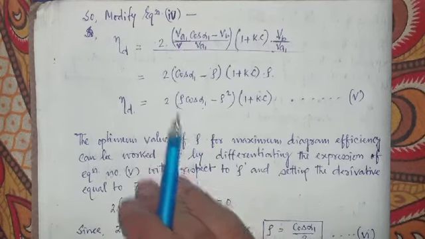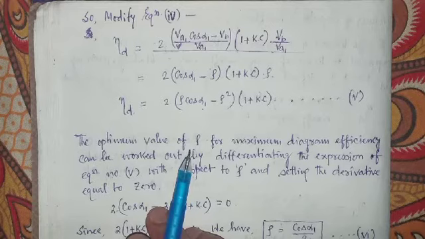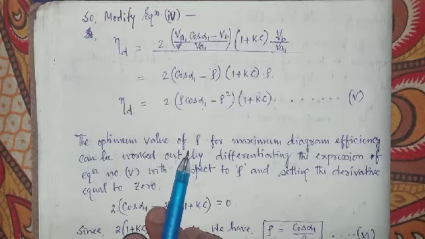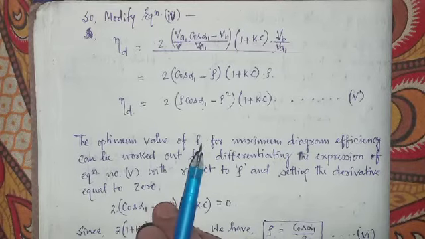Now it may be noted from equation 3 that for a given set of conditions the work done increases with reduction in nozzle angle alpha 1. If you see equation number 3, if we reduce alpha 1, the work done will increase, and it becomes maximum when cos alpha 1 equals 1.